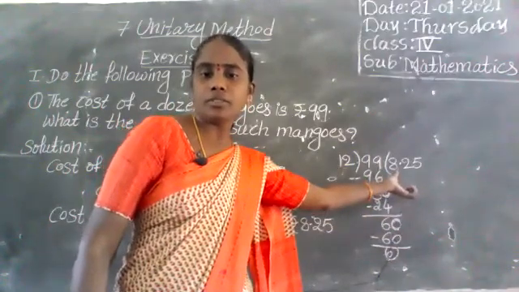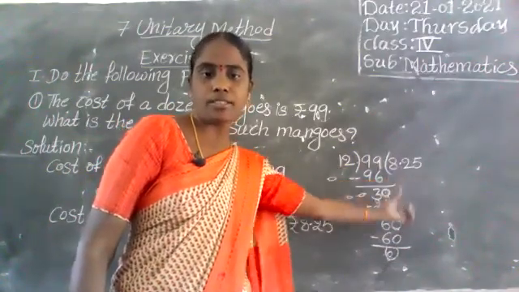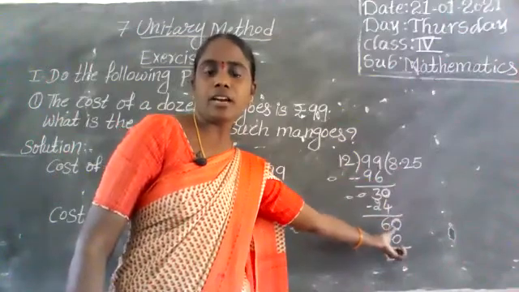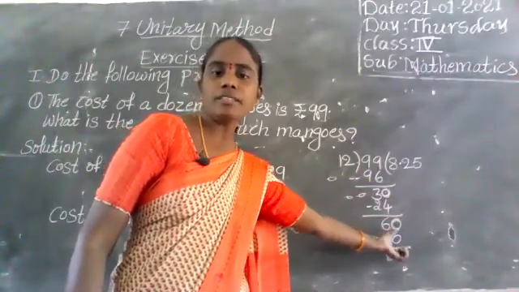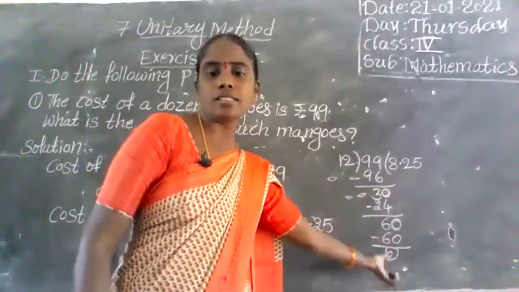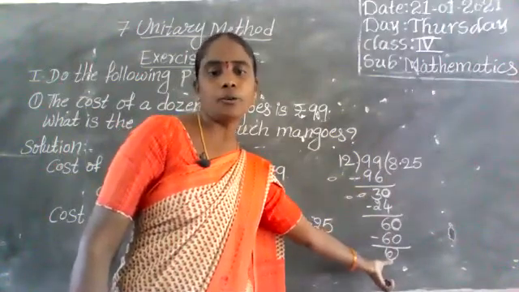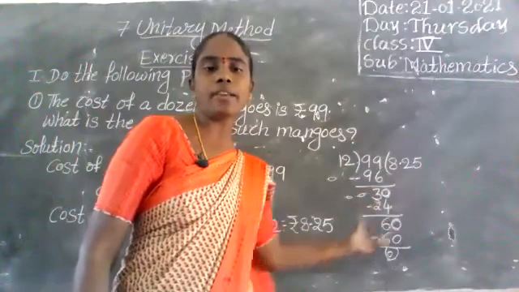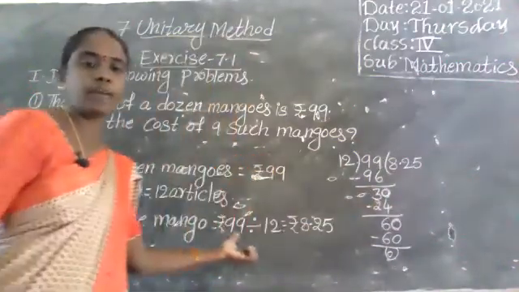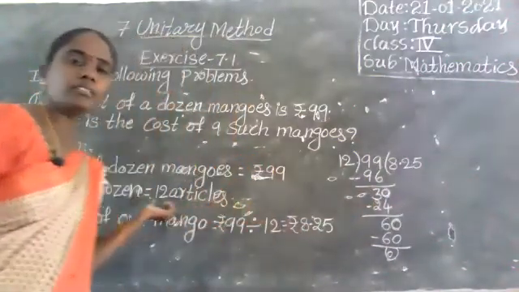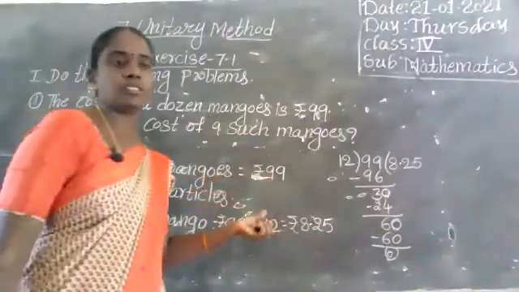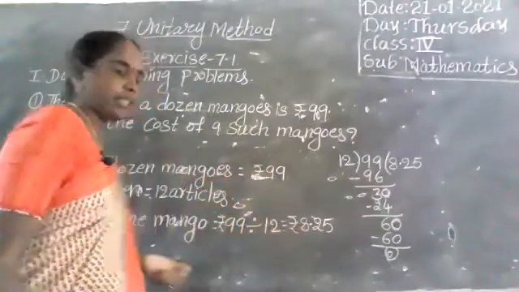The point is already there, so on the dividend side again you have to take 0. That is 60. 12 5s are 60. 60 minus 60 is 0. Now 8 rupees 25 paise is the cost of one mango. Then we can easily find the cost of 9 mangoes with multiplication.